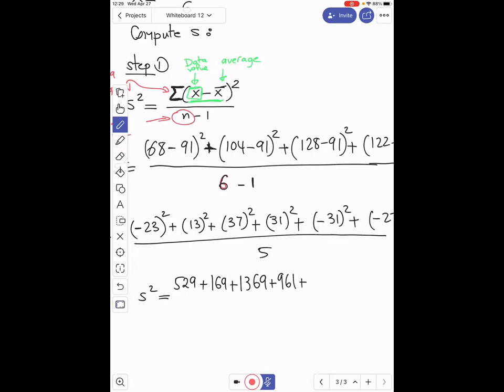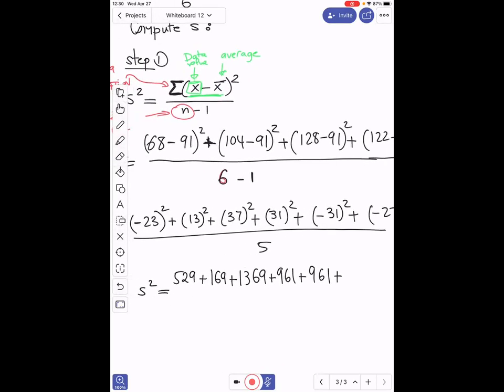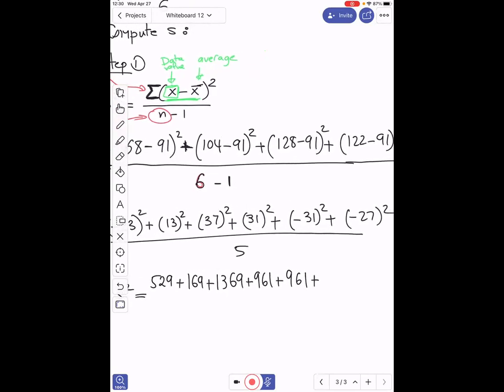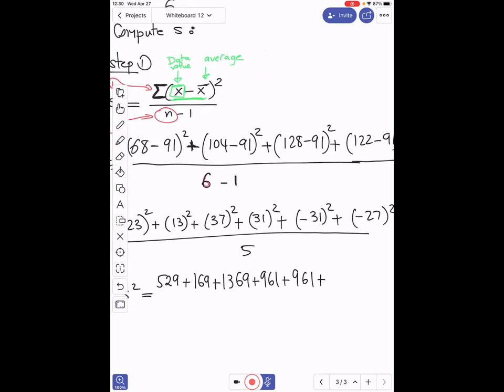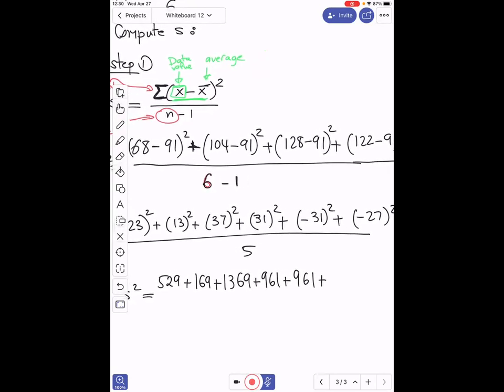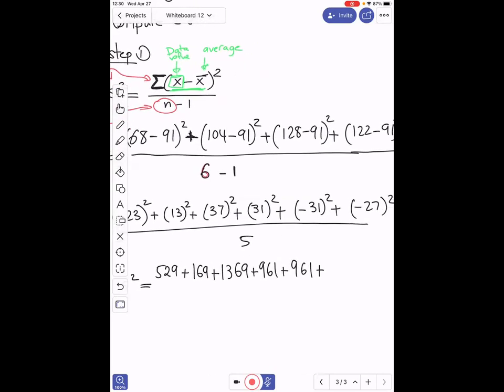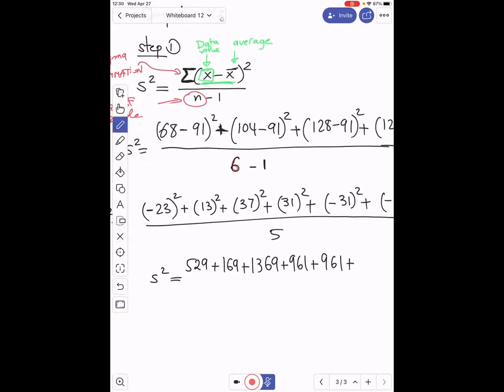Negative 31 squared is the same as positive 31 squared, because with the square, the answer would be positive. So it's again 961, plus, and then the last one, negative 27 times negative 27. So that will be positive. The square is always positive unless it's 0. So that's 729, over this whole thing here, over 5, right?